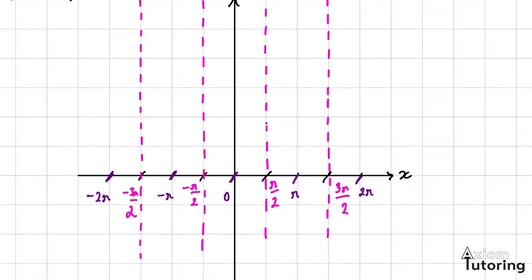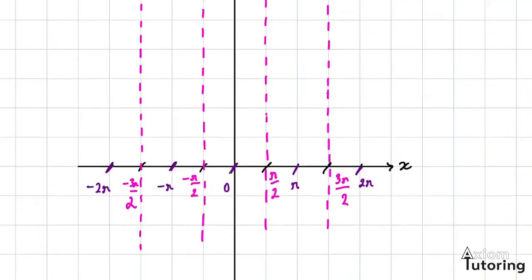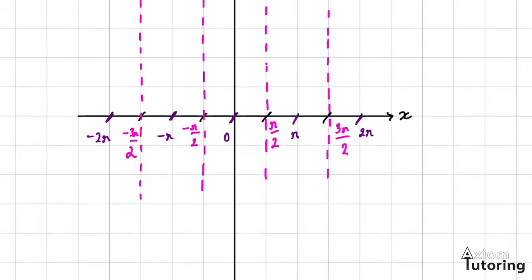Between each pair of asymptotes, the curve increases without limit. So we're going to sketch it smoothly, approaching the asymptotes, but make sure it never touches the asymptotes. I'll show you that here. I might extend these a little bit.